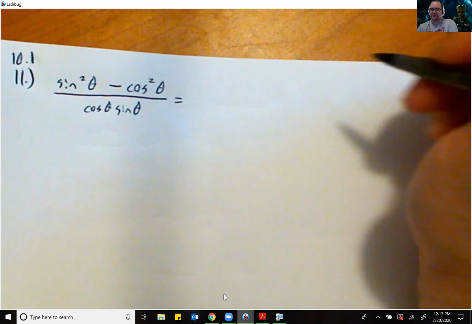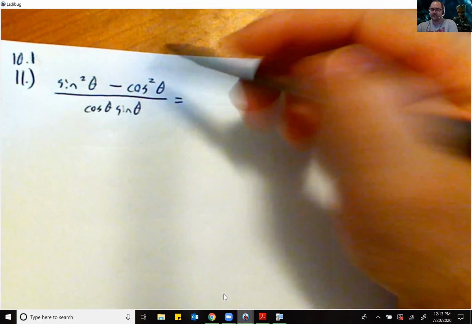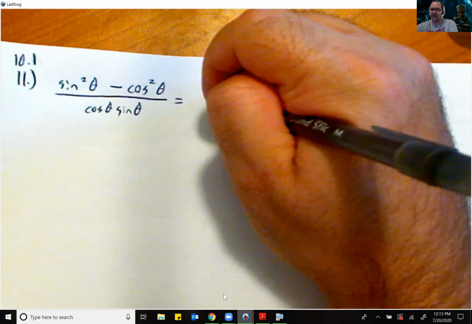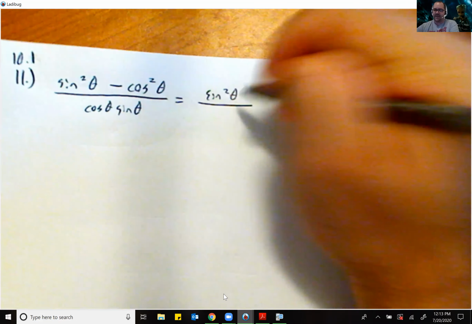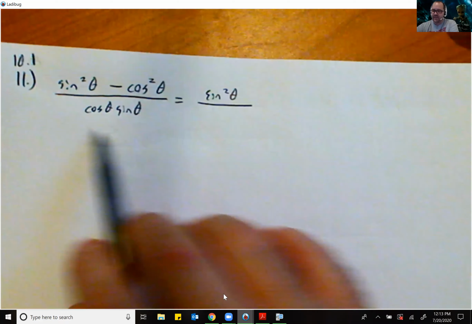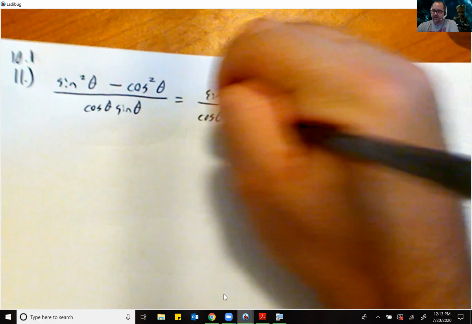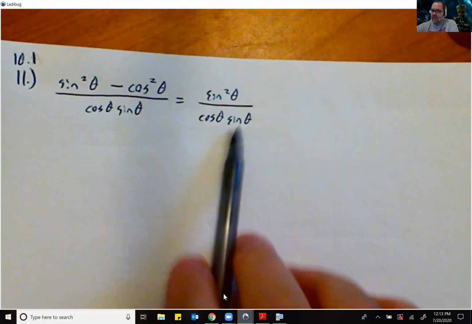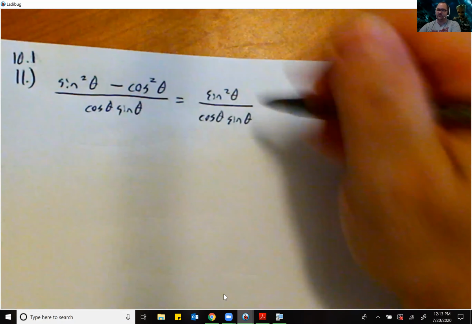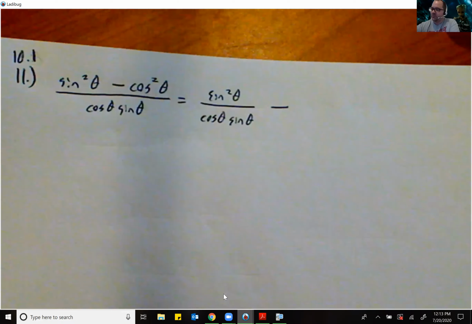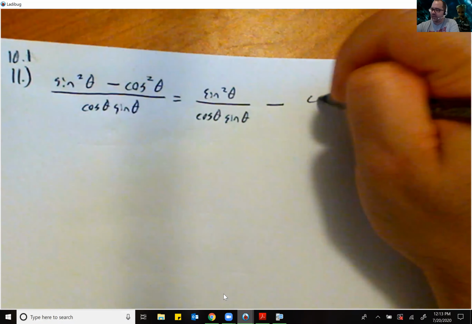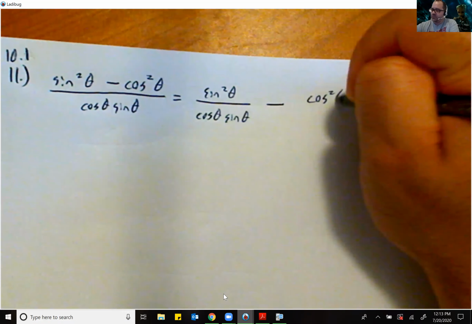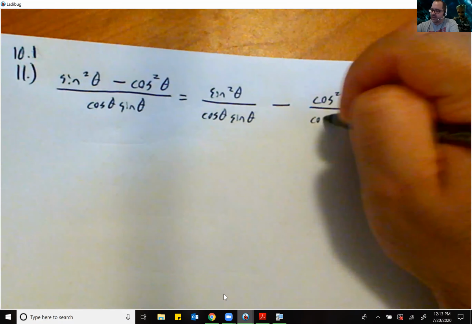So one of my fractions is sine squared theta all over that denominator, cosine theta sine theta. That was my first fraction there. And it was being subtracted by my second fraction, which features cosine squared theta all over cosine theta sine theta.